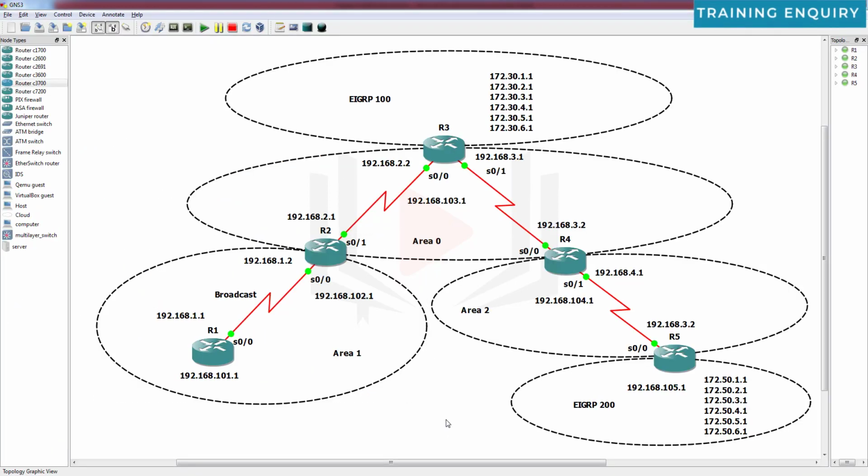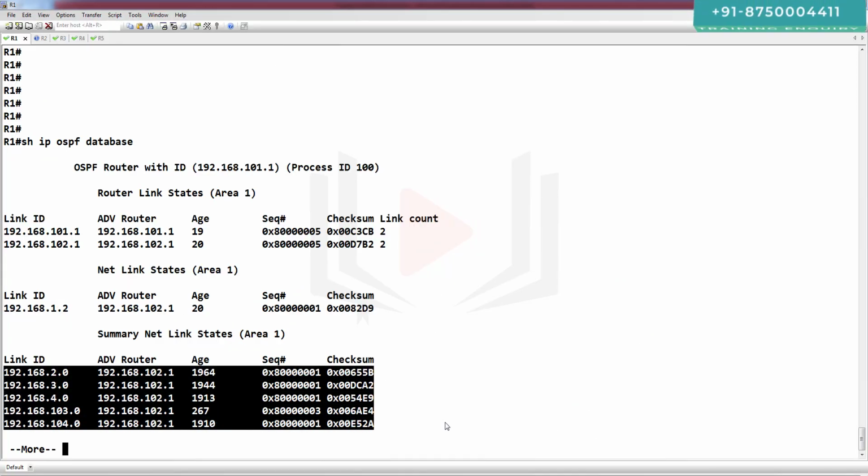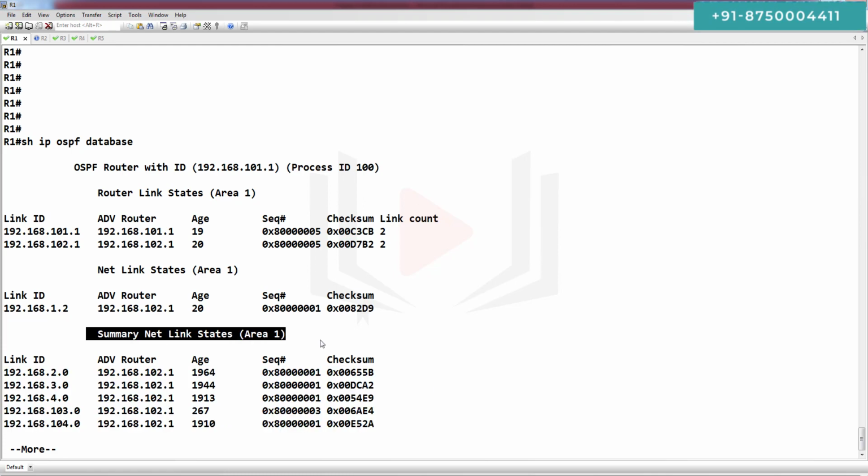Next is summary LSA. I told you, when the routes of one area go to another area, they are known as summary LSA. Area 0 and area 2 routes, 2.0, 103, 3, 4 and 104, will come here as summary LSA.